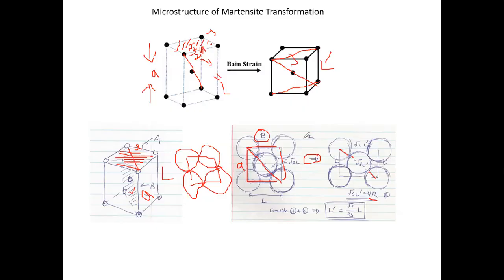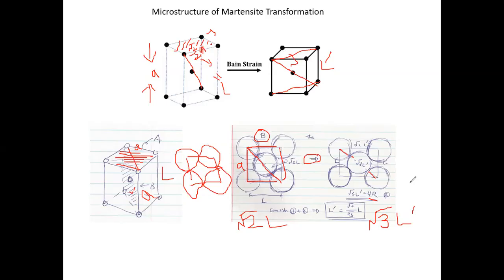So now the condition we have is that this diagonal equals this diagonal. If I write down this diagonal, which is the diagonal of a square with edge length L, it simply equals square root of 2 times L, right? Now, this diagonal is the body diagonal for that cube. If the edge length of the cube is L prime, the length of this body diagonal is simply square root of 3 times L prime, where L prime is the edge length of the original cube for the BCC.